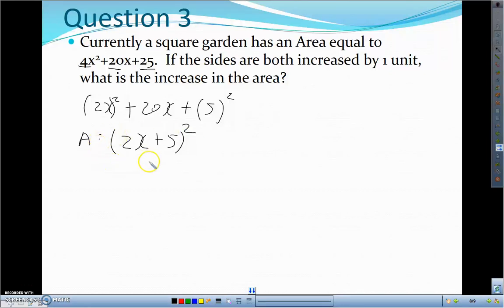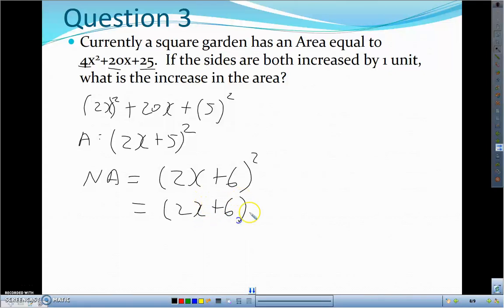squared. So if we increased the length by 1, the new area, we'll call that new A, new area, is going to be equal to 2x plus 6 squared. We can expand this to become, well, we maybe use FOIL, 2x plus 6 times 2x plus 6.